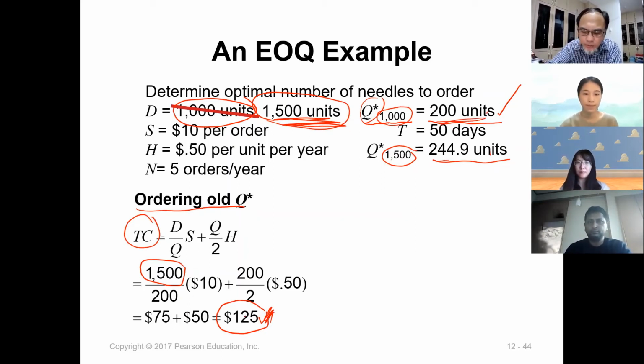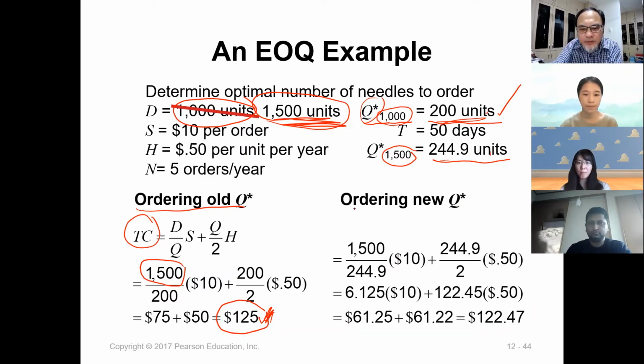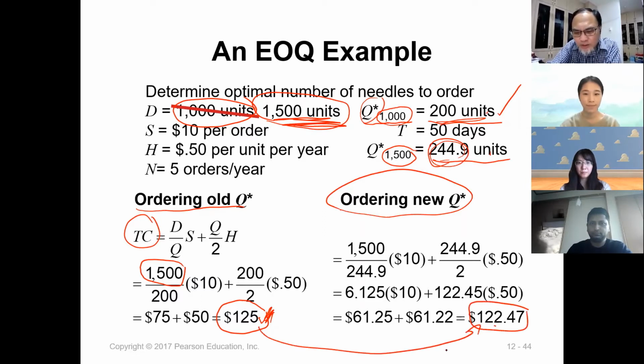So it is 125, sorry. And if you order using 245, the change in the total cost is small, negligible. Now you see here 1,500 divided by 244.9. This is divided by 200. So the change is just $3.